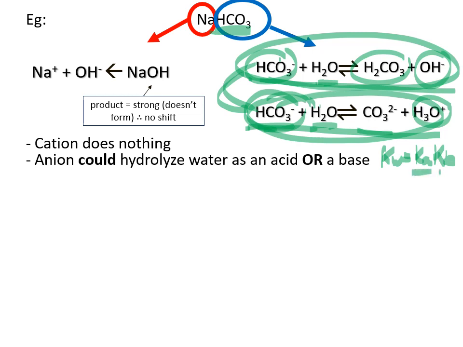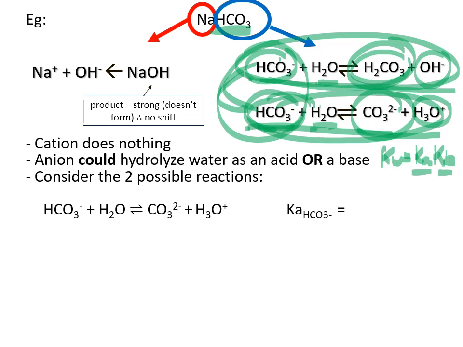The Ka and the Kb have to be the conjugate partners of each other. Bicarbonate and bicarbonate are not conjugate partners. It's the same thing. So you have to use one of their conjugate partners to find the Ka and the Kb of the hydrogen carbonate, bicarbonate. Just make sure you're getting the right Ka and the right Kb values.